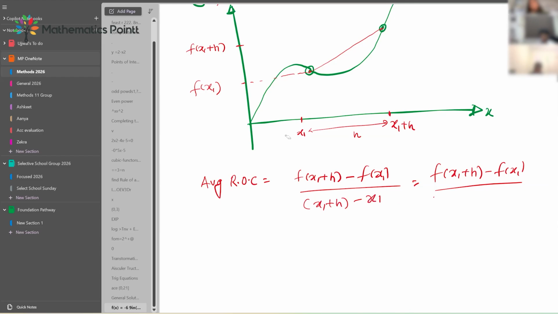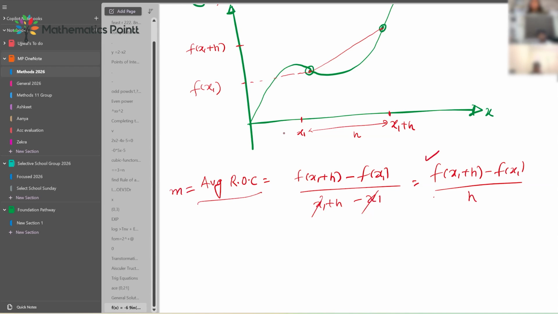So when you open the brackets up, x1's gone, and eventually you're left with h. So that is the slope, which is m, of this red line, now written in y2 minus y1 over x2 minus x1 form.